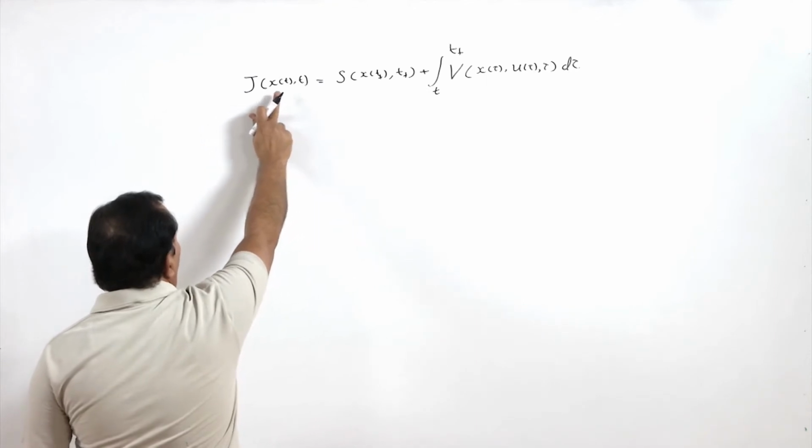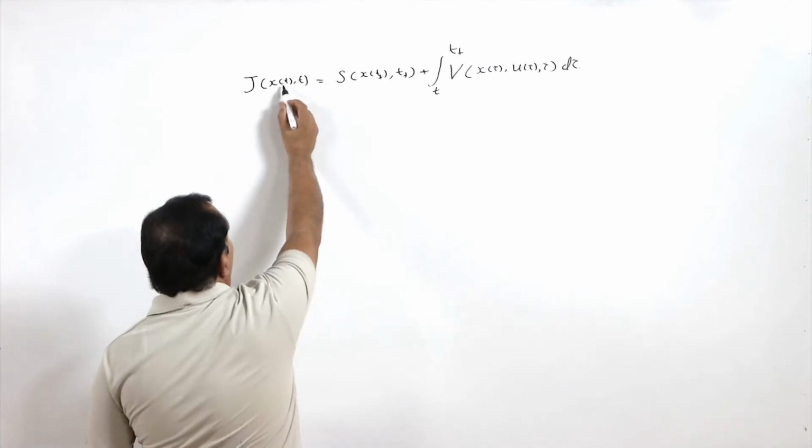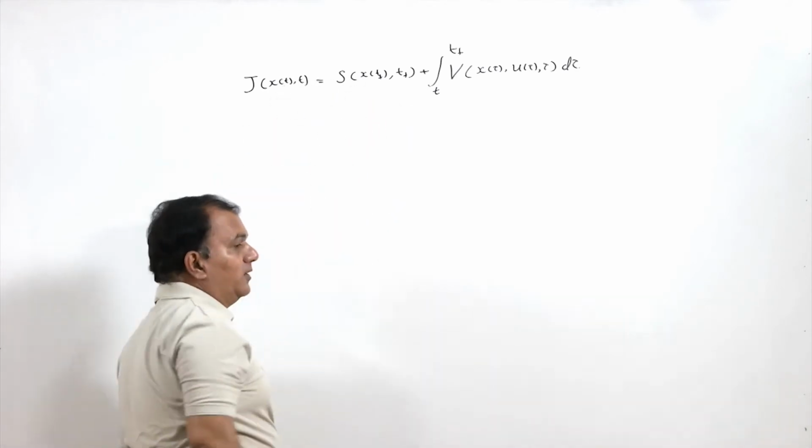And J of x t, t represents the cost to transfer the state from x t to x t f.